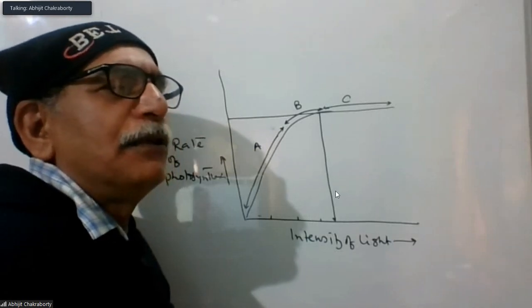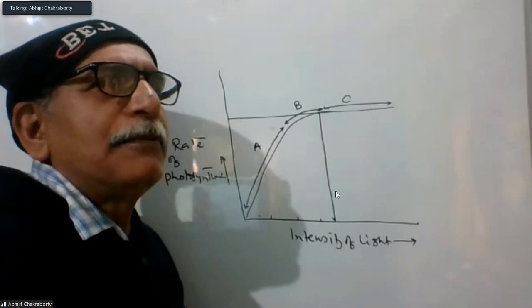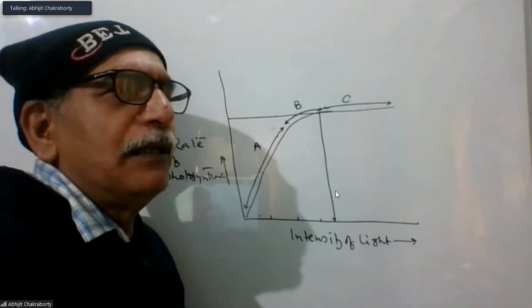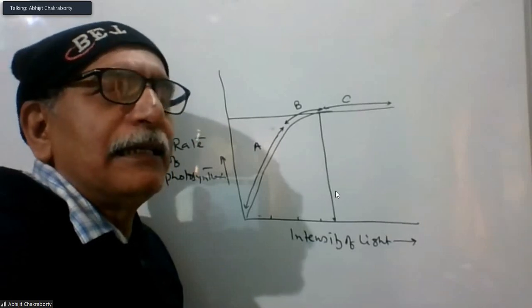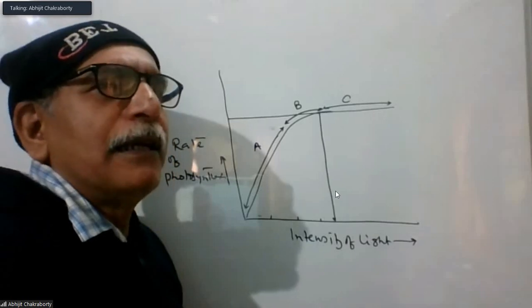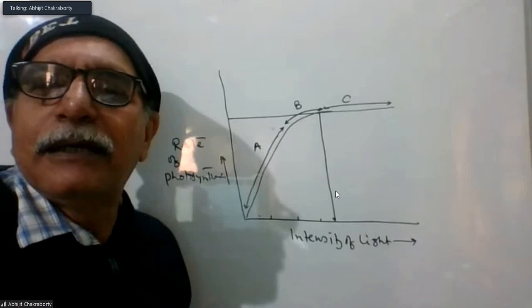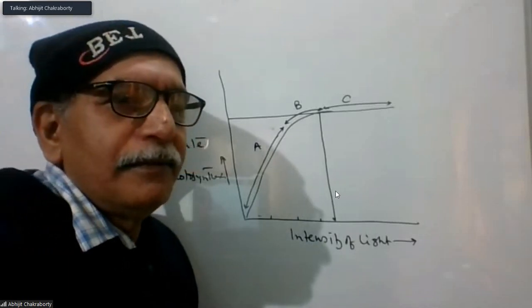Plants growing in the shade, the lower and small plants in the dense forest, receive less light intensity. In that case only, you will get light as a limiting factor. Otherwise, very rarely can light be considered a limiting factor. Clear? Yes, sir.